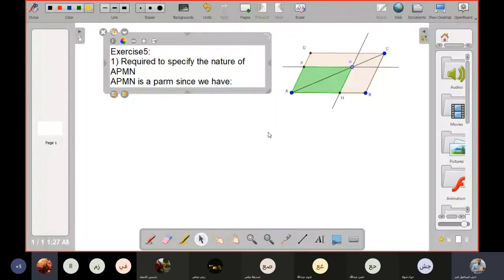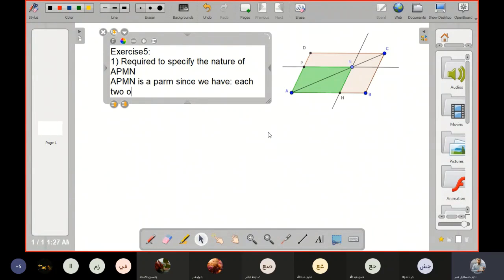Because AN is parallel to DC and PM is parallel to DC, so AN is parallel to PM. Good. AP is parallel to BC and MN is parallel to AP, so AP is parallel to MN. The reason is that each two opposite sides are parallel.